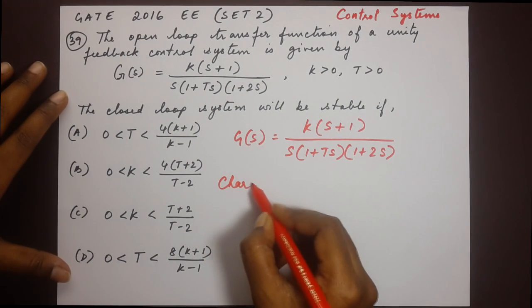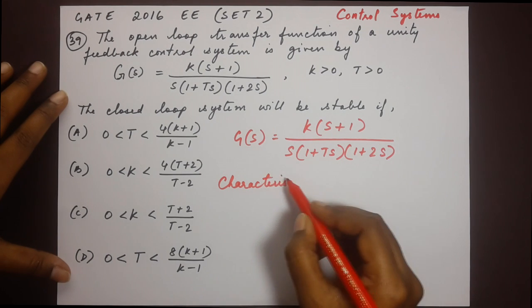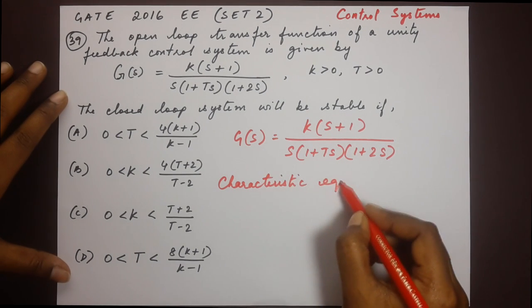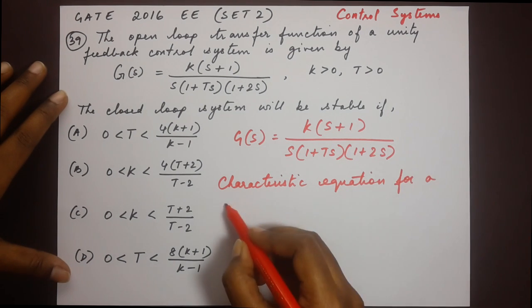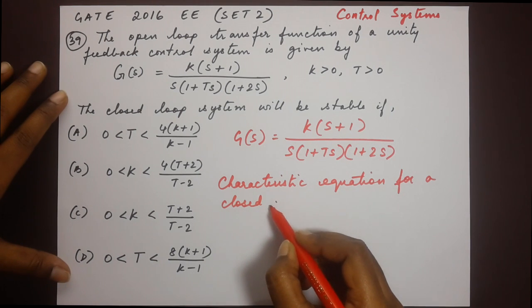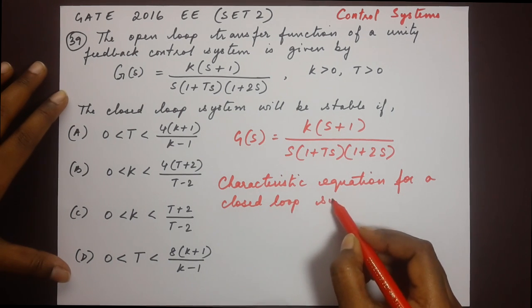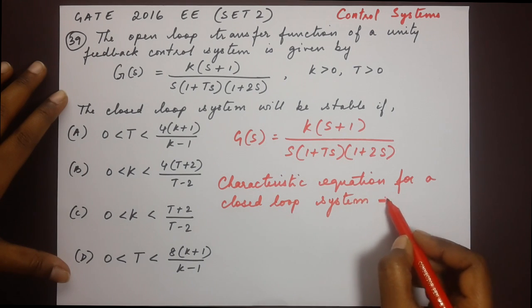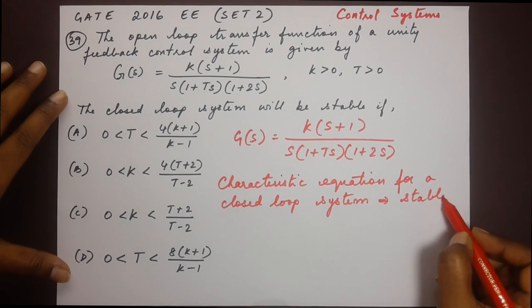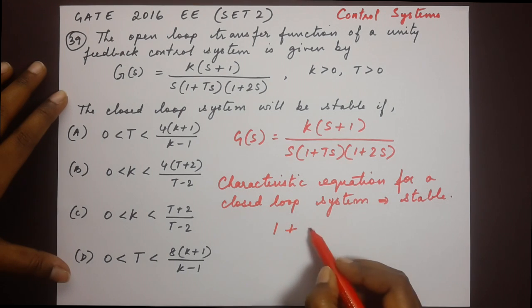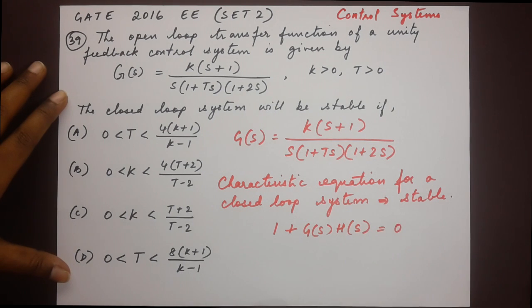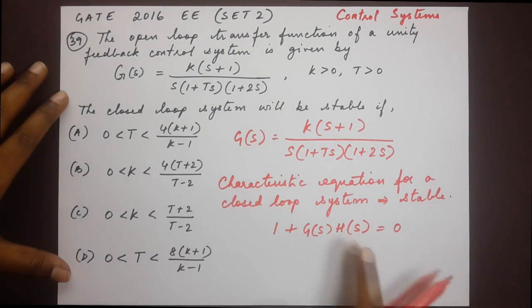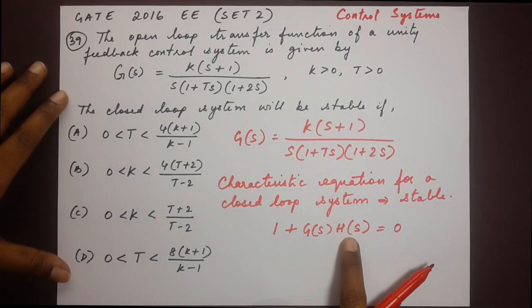The characteristic equation for a closed loop system being stable is 1 + G(s)H(s) = 0. So here it is given that it has unity feedback control, so H(s) is 1.